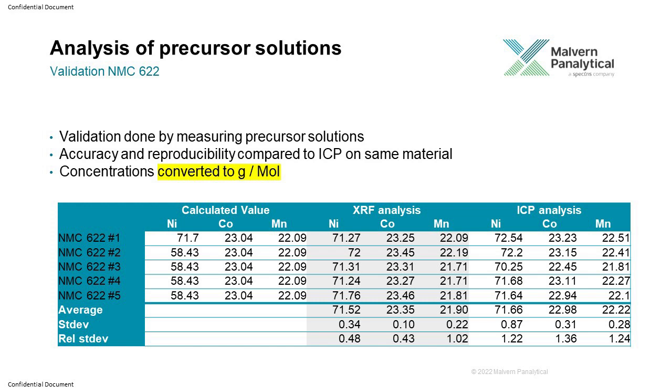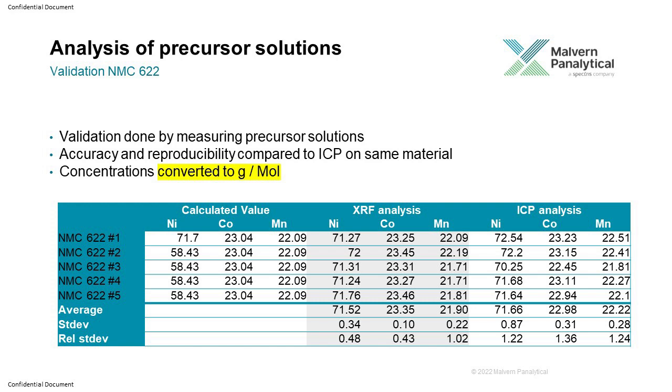This is another example of NMC 622, and again here you can see that the XRF results are very close to the reference values in different samples, and the standard deviation also is much less compared to the ICP.